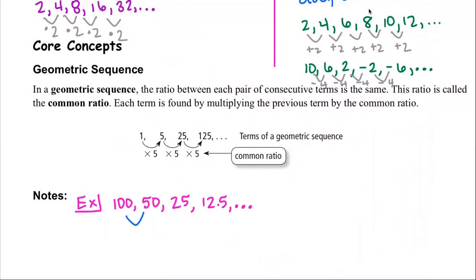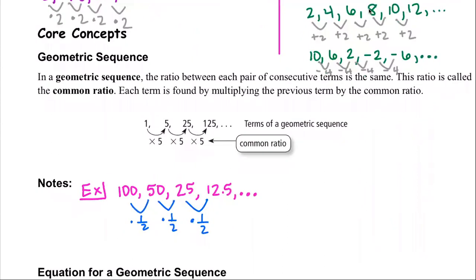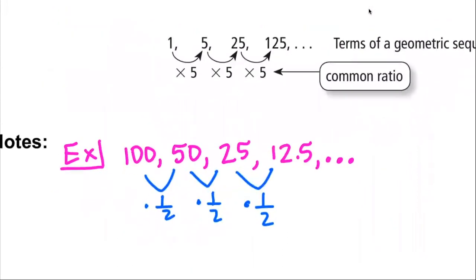We are multiplying by 1/2. Now you can think of this as divide by 2, divide by 2, divide by 2. And that's totally fine, but our common ratio is actually what we would say is 1/2. Our common ratio is 1/2. That's how we get from one term to the next.